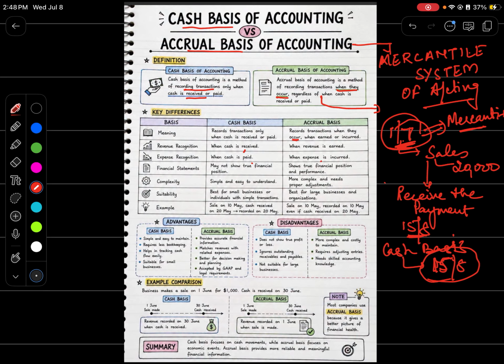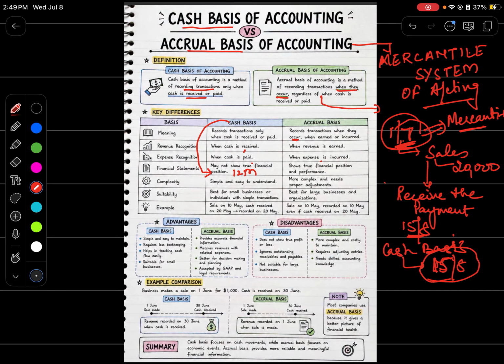Under cash basis, the most important thing is that the financial statements do not show the actual and the true picture. That is, the financial statements for 12 months, we don't know. We are only looking at the financial statements with respect to the cash received and outflow of cash.